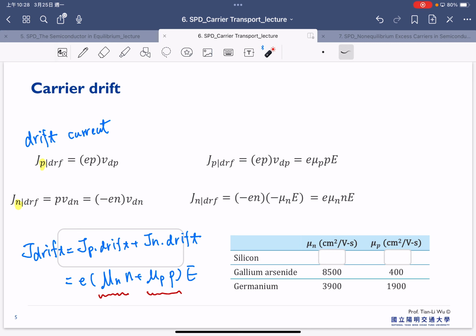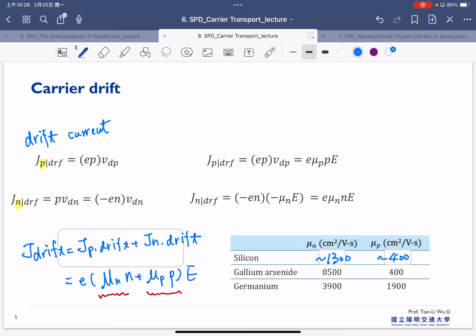So now you can see in the case of silicon, the electron mobility is around 1,300, but silicon has a problem with a very low hole mobility, and that's why we will consider some other material to compensate for the problem of silicon.